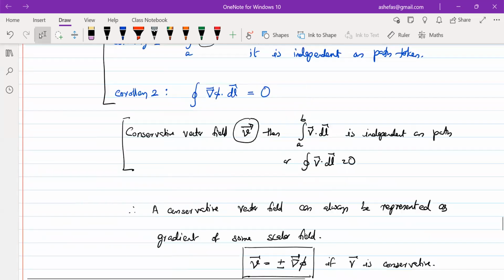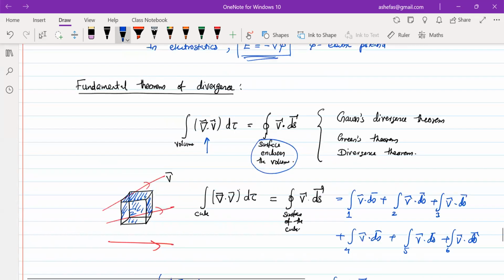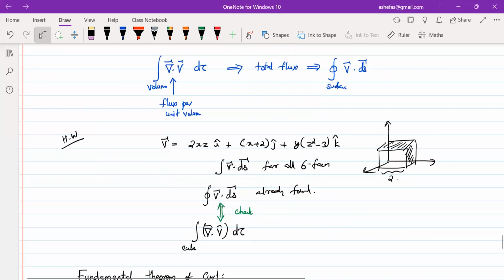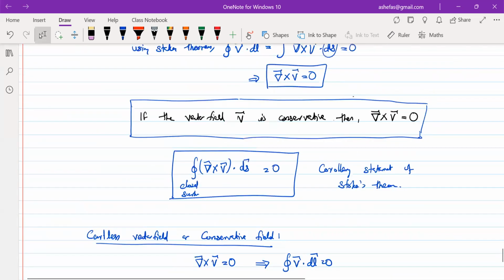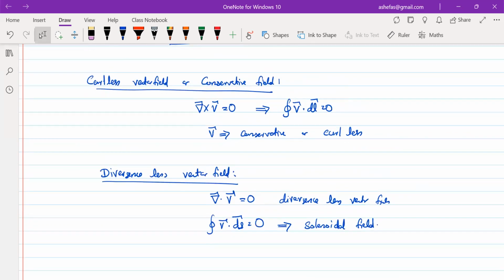We discussed one example, the case of electrostatics. The electric field is represented in terms of the electric potential in this particular way. Thereafter, we discussed the fundamental theorem of divergence, then the fundamental theorem of curl, and finally what is meant by the curl-less vector field and the divergence-less vector field. So that's all about this chapter. We have completed this chapter.